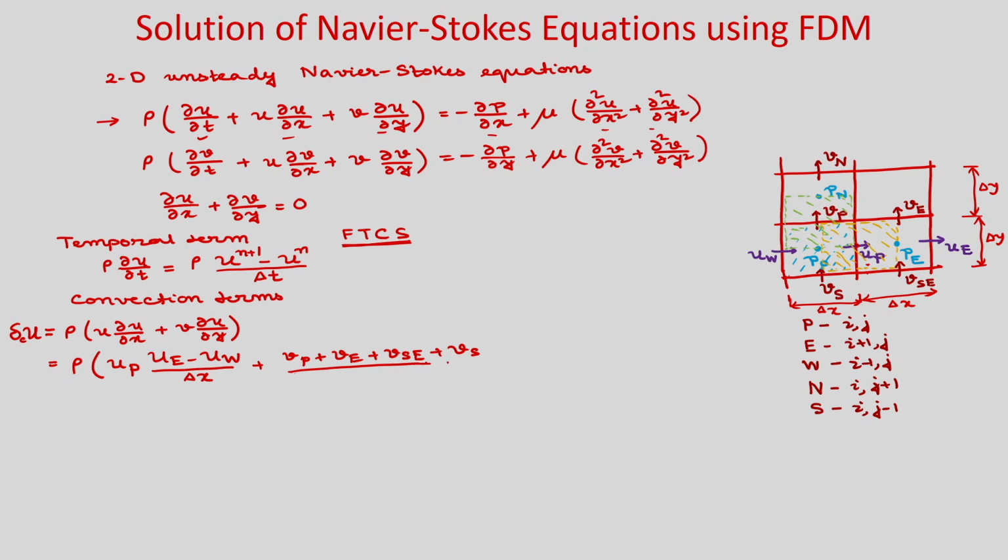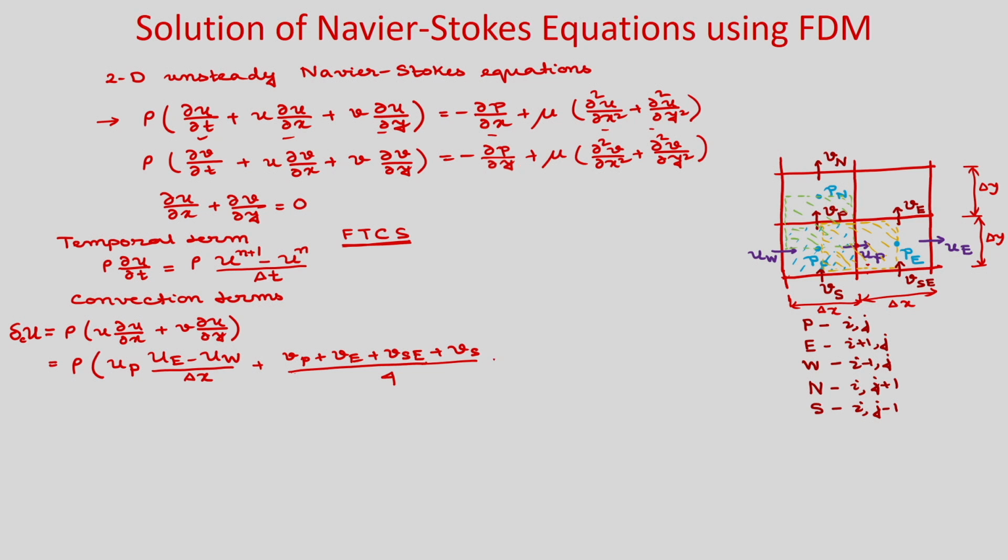So, this is just interpolation, because we are finding the value of V at the center of this UP cell. Obviously, from these 4 V cells we are just interpolating this value at the center of the UP cell.